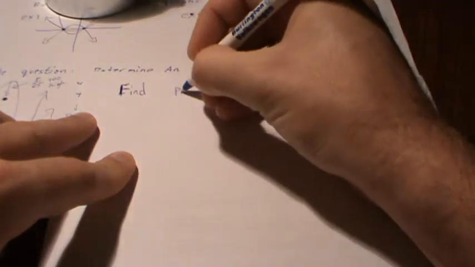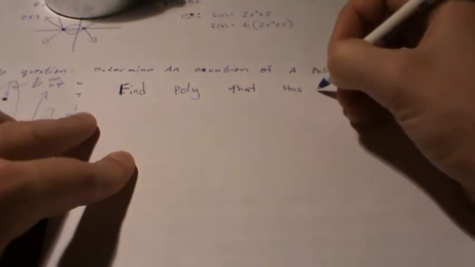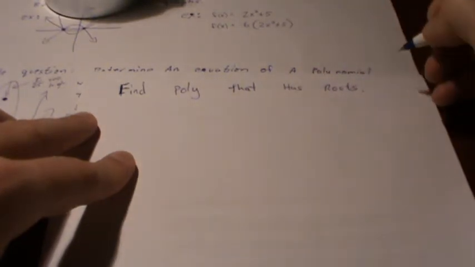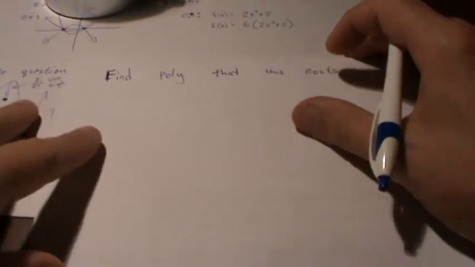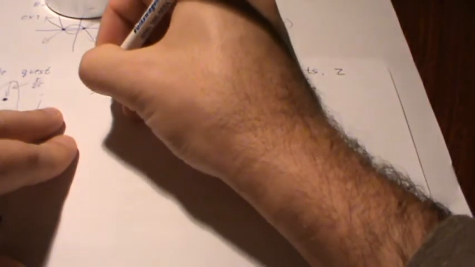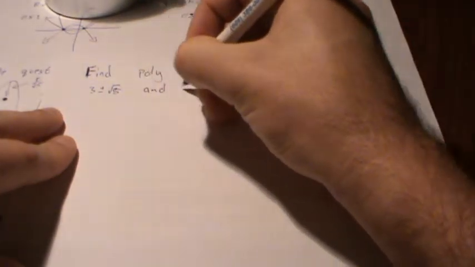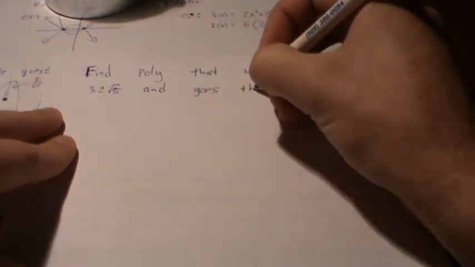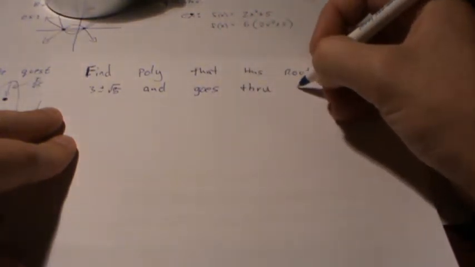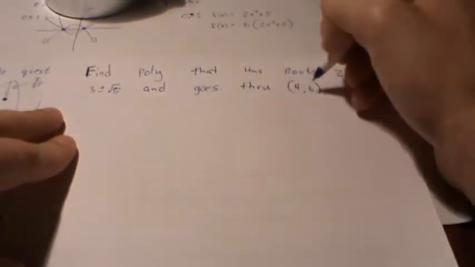Find a polynomial that has roots 2 and 3 plus or minus the square root of, let's pick a number, 5, and goes through 4, 6. This is gonna work.